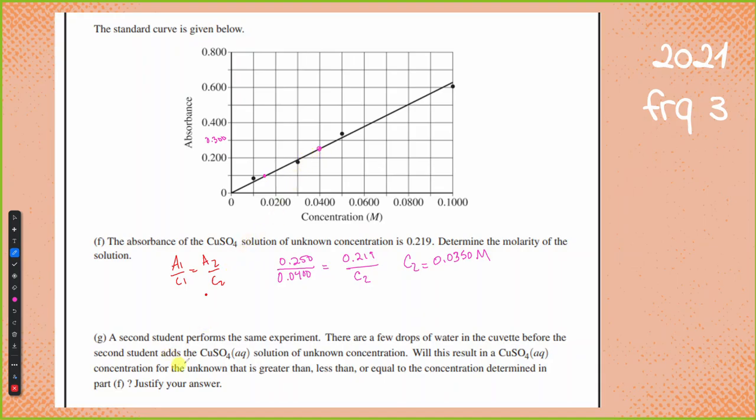So, second student performs the same experiment. There are drops of water in the cuvette before the student adds the copper sulfate. Does this result in a concentration for the unknown that is greater than, less than, or equal to the concentration determined in part F?